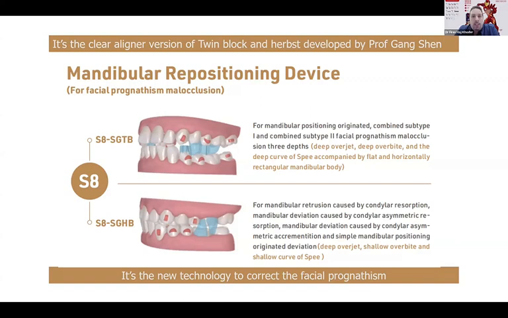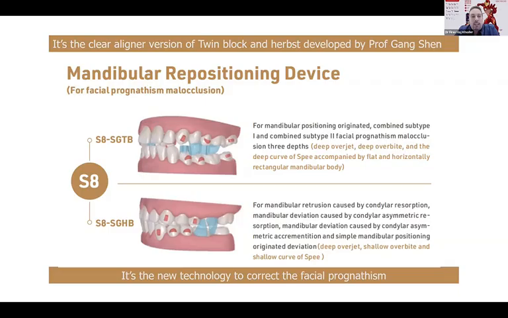So the mandibular repositioning device has two types, referred to as S8: the S8 SGTB and the S8 SGHB, which are the sagittal guided twin block and the sagittal guided Herbst.